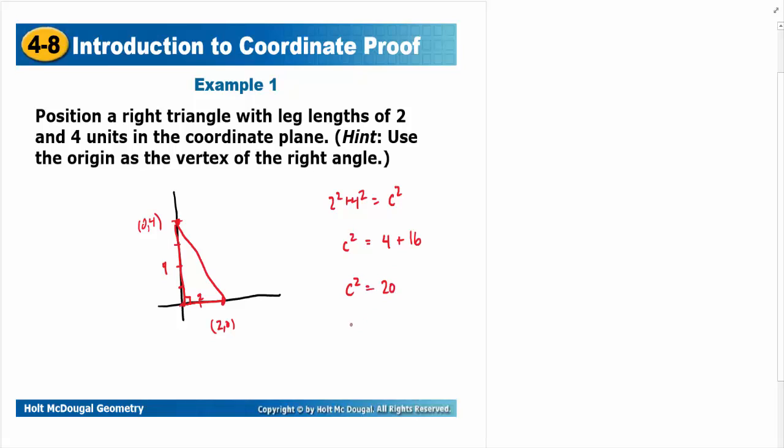Now if I was going to simplify that, if you square rooted both sides, c becomes the square root of 4 times the square root of 5. If I'm simplifying this radical, you should know that the square root of 4 is actually 2. Square root of 5, however, you can't really simplify, so this would be our hypotenuse.